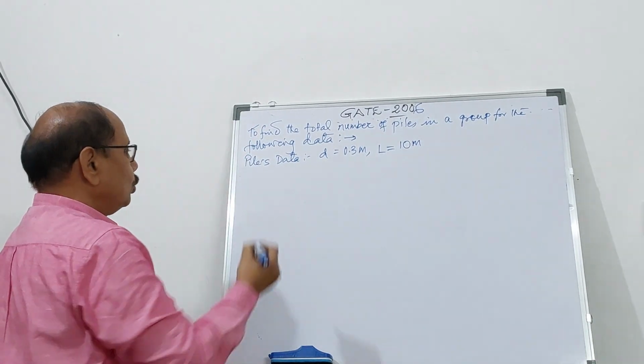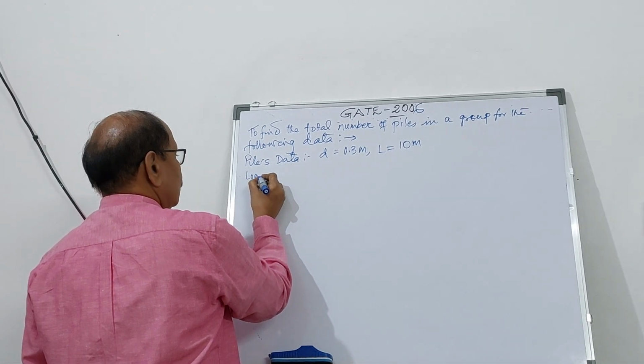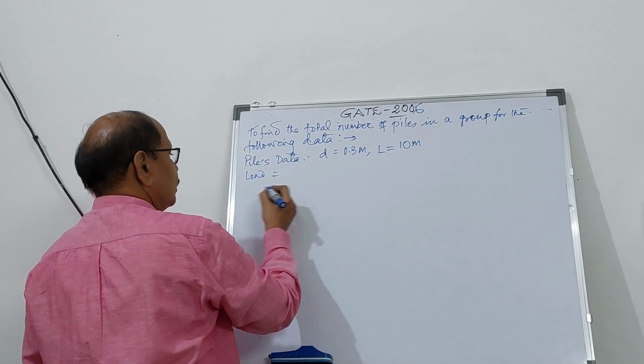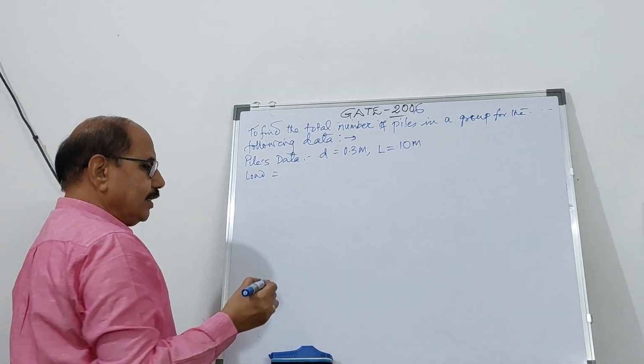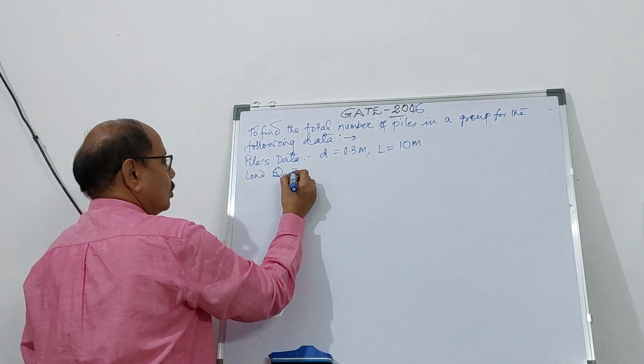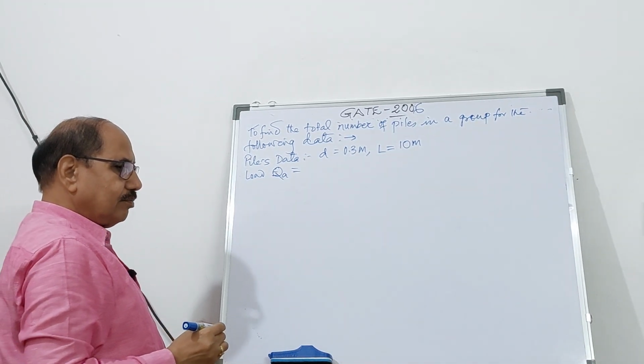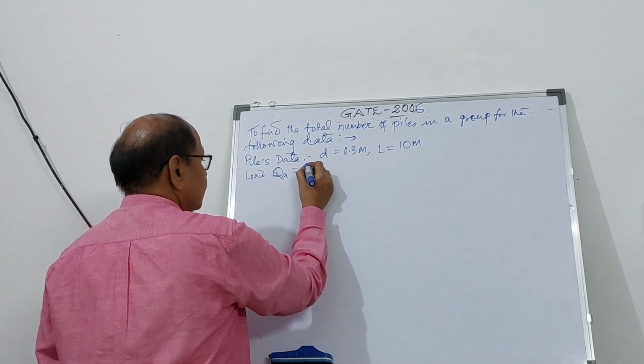And the load that is coming over the pile group, the load applied, that is QA, is given in this problem as 5000 kilonewton.